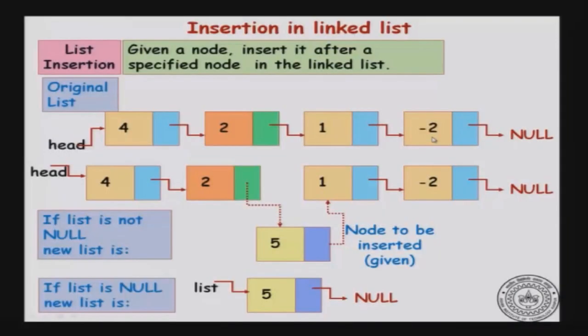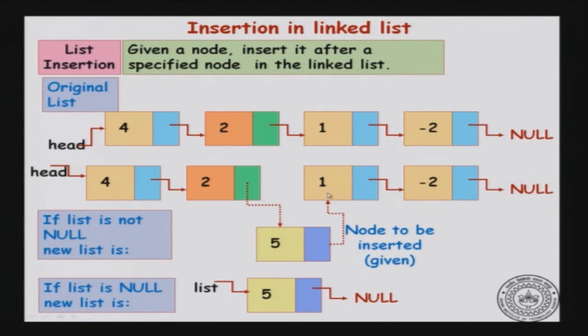So, let us look at an example. Suppose the list is 4 to 1 to minus 2 and I want to insert a node 5 after node 2. So, how do I do it? 2's next link was 1, and what we need to do in this case is insert this node 5, and 5's next node will be 1.